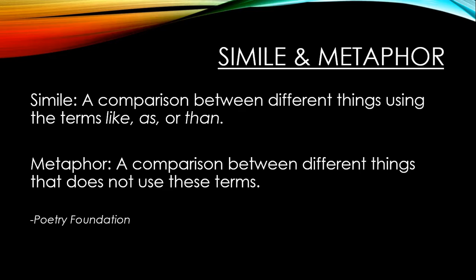So for example, you could say, the cloud is like a marshmallow, and that would be a simile because you're using the term like. To make it a metaphor, all you need to do is remove the term like, and it becomes the cloud is a marshmallow.